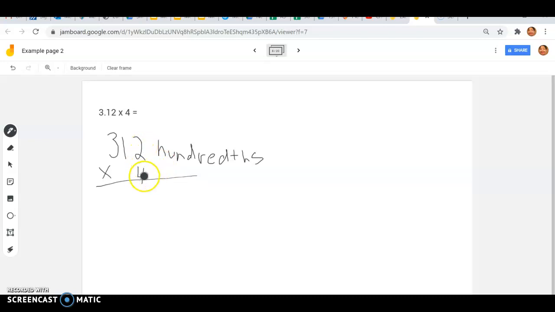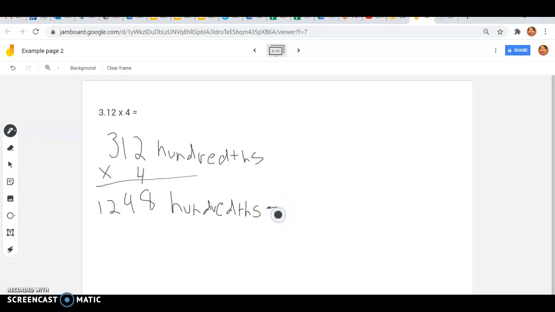So we know that 4 times 2 is 8. We know that 4 times 1 is 4. And we know that 4 times 3 is 12. So we have 1,248 hundredths. So since we have hundredths as a place value, we need to write our number in standard form so that we have something that's in the hundredths place.